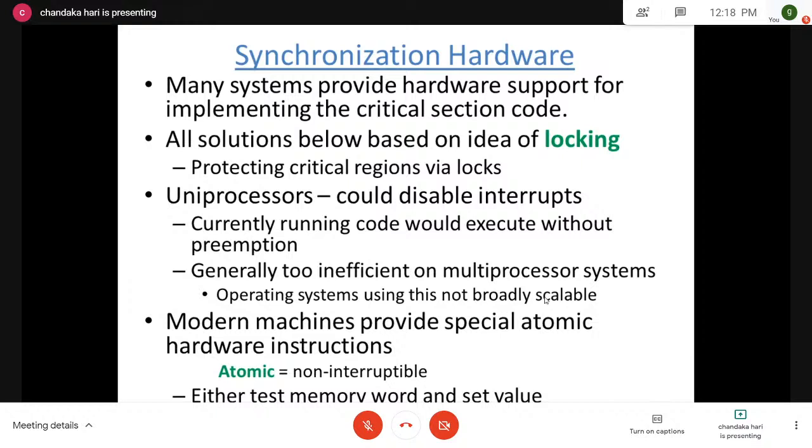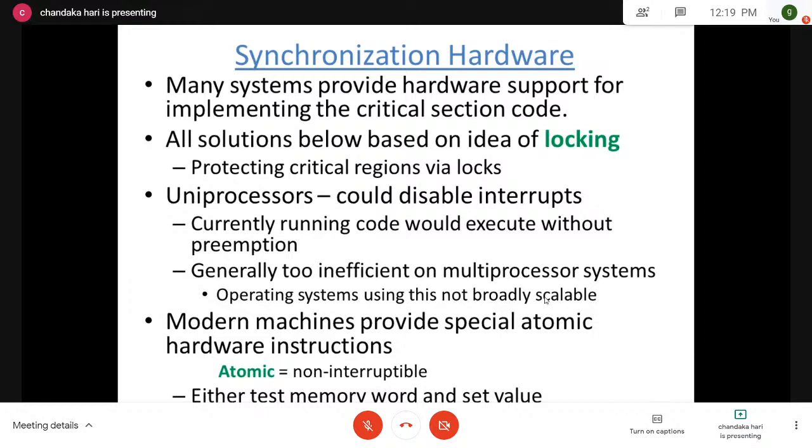Let us take the first one, uniprocessor. Uniprocessor means there is only one processor on the computer system. While executing one process in its critical section, what the CPU simply does is disable the interrupts.